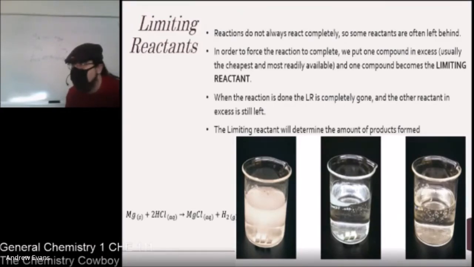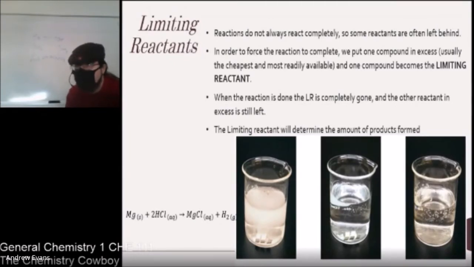So if I need lead and a bunch of gold, I don't want any gold left behind. I want lead left behind. Lead's pretty cheap. So I would put lead in excess, and so all the gold would get used up.